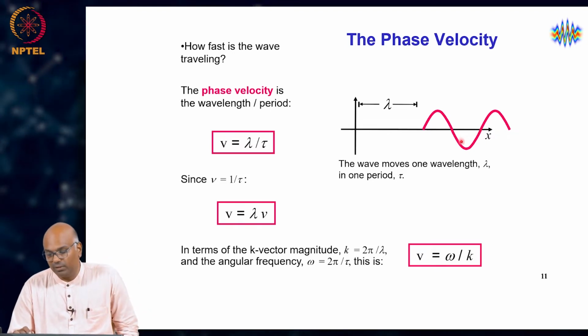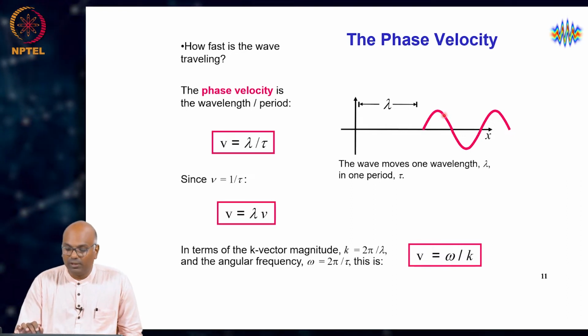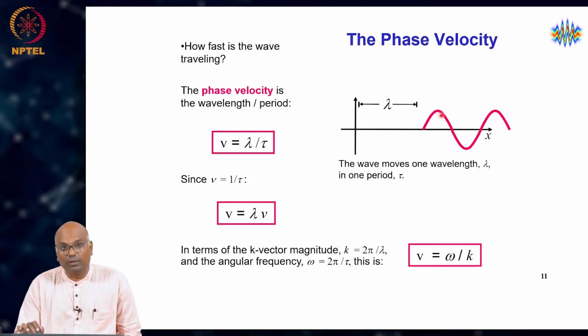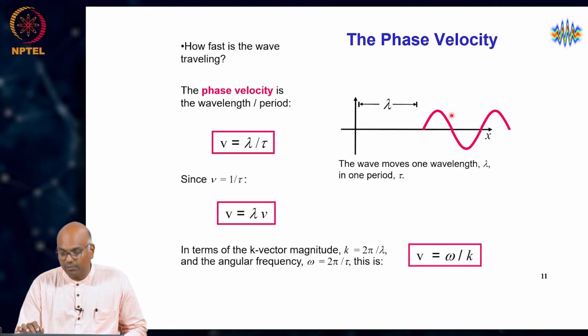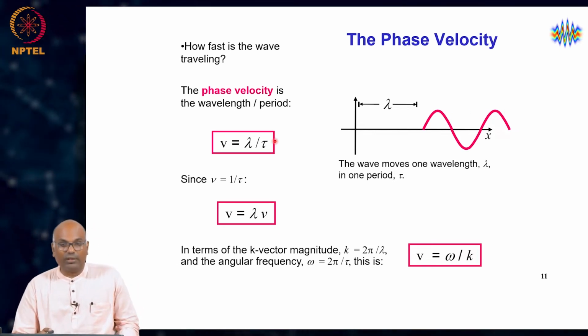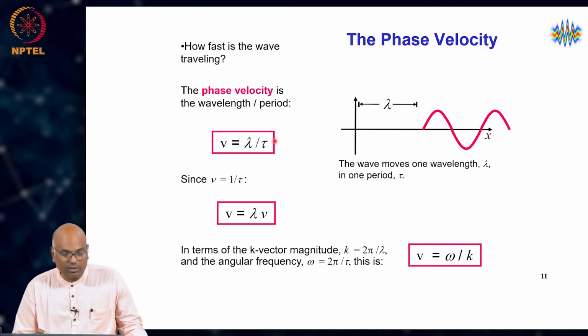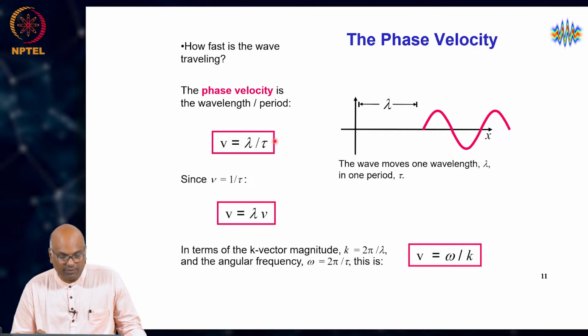Choose any of these or any other phase point and ask the question, with what velocity does this point of a particular value in phase propagate, and pop comes the answer that this is essentially the ratio of the wavelength to the time period of the wave. We discussed this in quite some elaboration in the previous lecture.